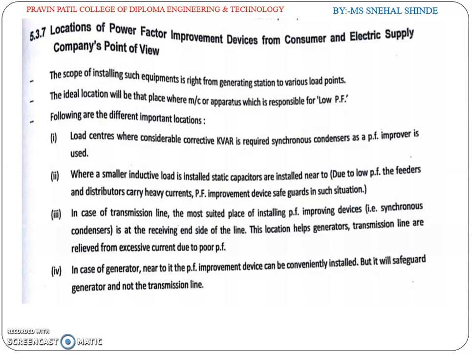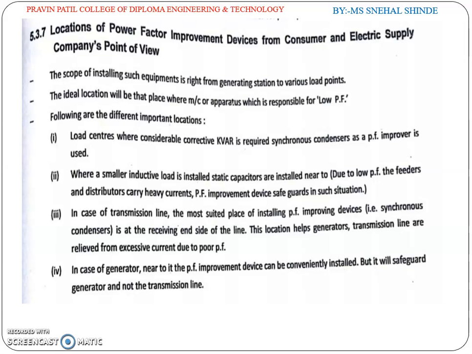And next, in case of the transmission line, the most suited place of installing the power factor improving device, that is the synchronous condenser, is at the receiving end side of the line. This location helps the generator and transmission line to be relieved from excessive current due to the poor power factor.